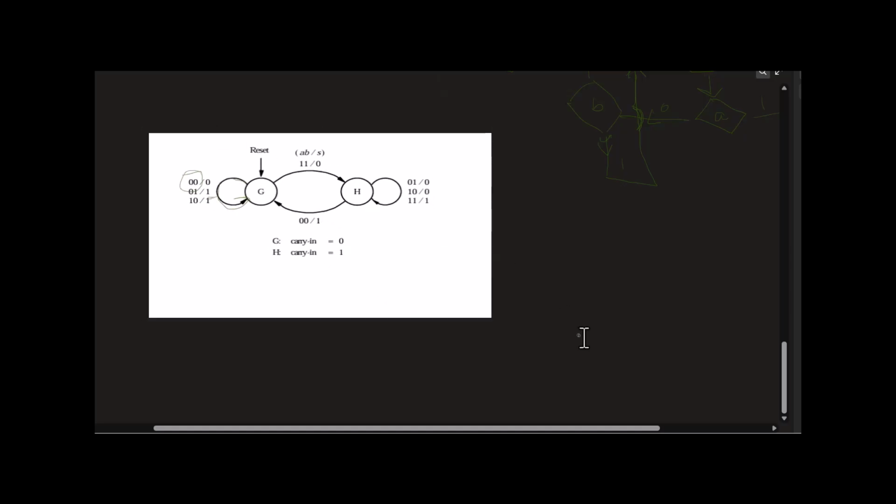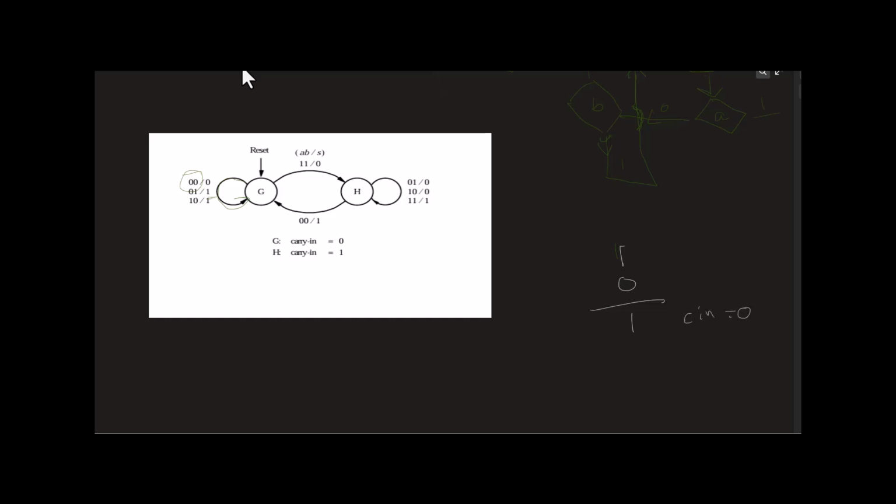So what this is saying is, if you're adding two numbers, so let's say I'm adding 1 and 0. If I add 1 and 0, I'd get a 1 if my carry-in is 0.